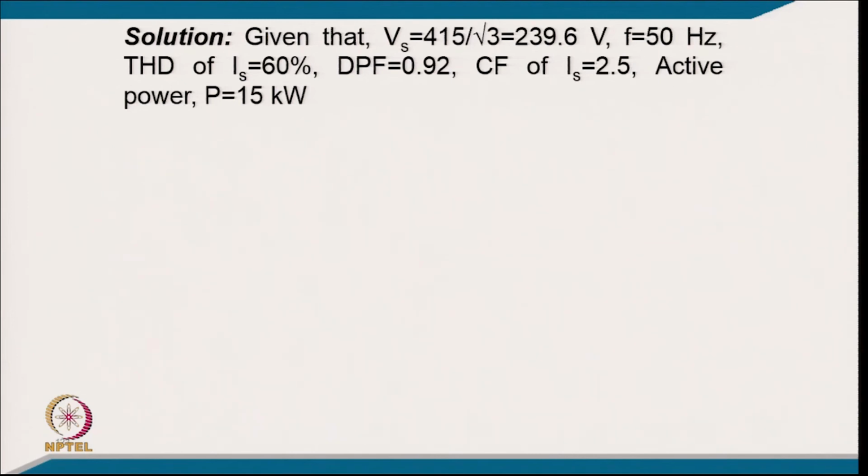So, coming to the numerical part of it, given that the supply voltage per phase is 415 by root 3, that is line voltage by root 3, so it comes 239.6 volt and frequency 50 Hz. Total harmonic distortion of the grid current is 60%, displacement factor given 0.92 and crest factor given 2.5, and active power of 15 kilowatt.